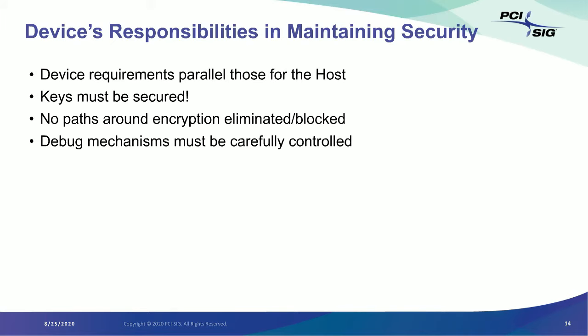And, carrying that on, there are many ways that a device, and by the way, the same thing applies to the root, and it applies to a switch if you trust it. But most people are, I think, principally going to be focused on endpoint construction, and the question here is, what does a device need to do in order to maintain security?